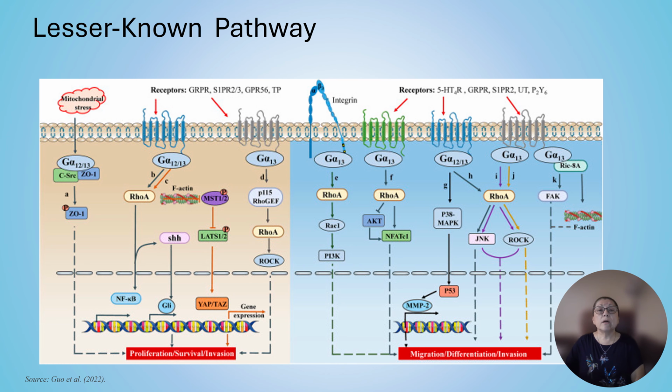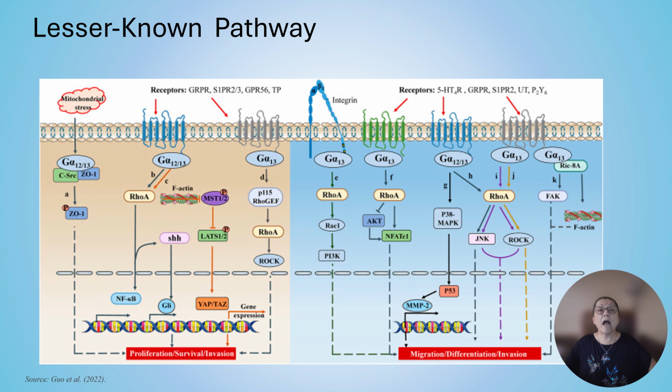This slide may look busy, but I chose it because it provides a good example of an activated G alpha subunit 12, 13. G alpha 12 and G alpha 13 are two related components that can activate several downstream pathways, as you can see from this picture. These pathways can influence cellular responses such as cytoskeletal organization, cell growth, and gene transcription.